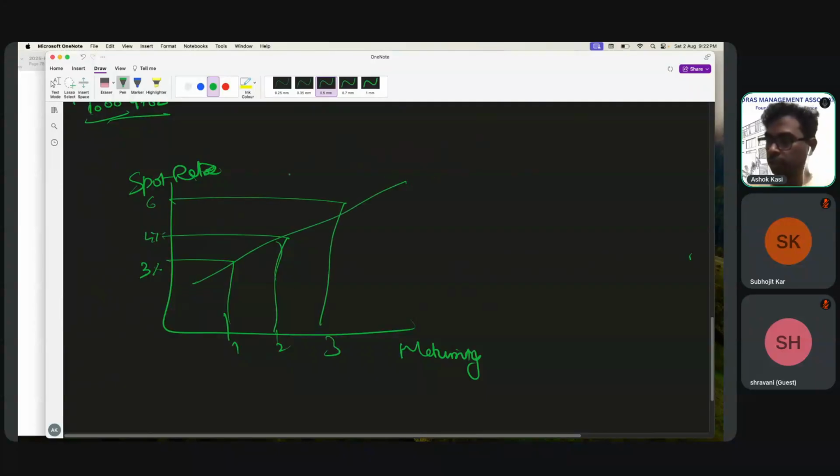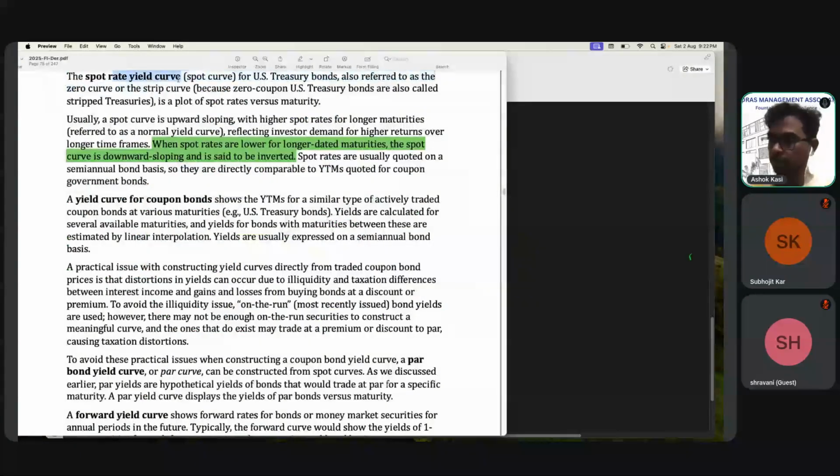This is the spot rate yield curve, which is also called the zero curve or strip curve. These are all different names.